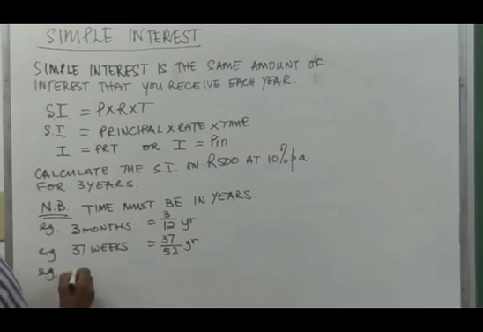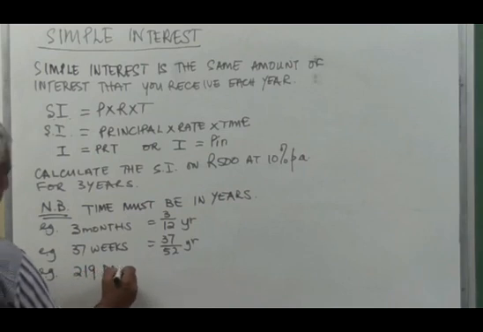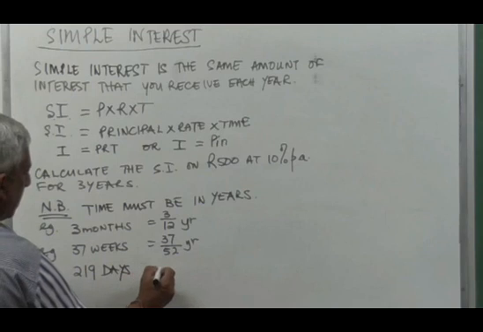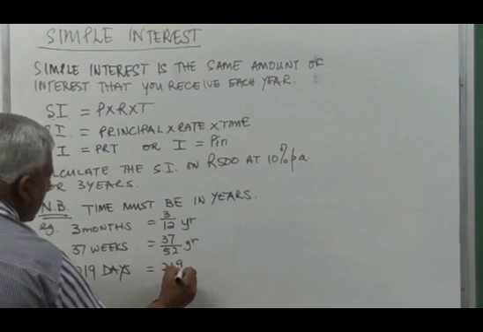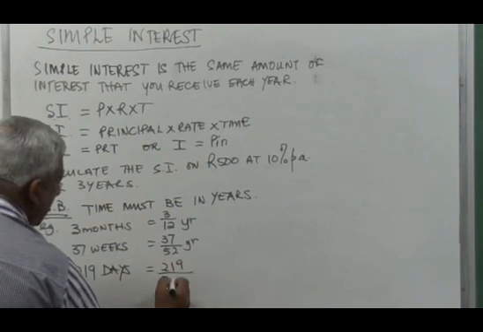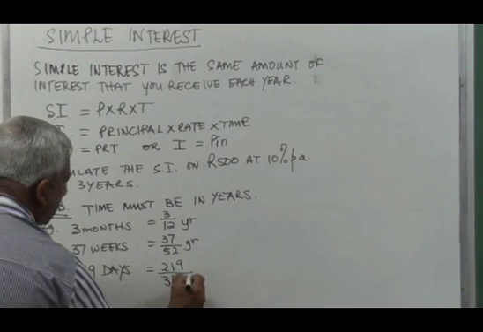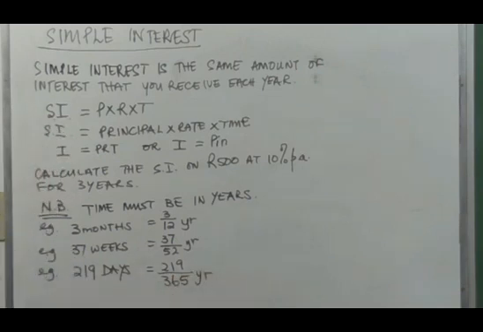Suppose you were given 219 days. Then you will divide by 365. 219 divided by 365. So you see, if you got time in months or weeks or days, you must convert it into years.